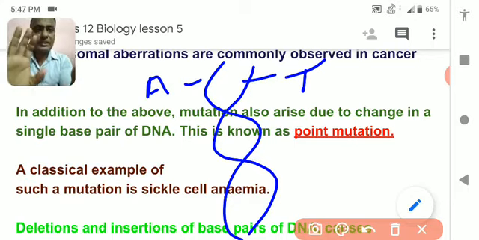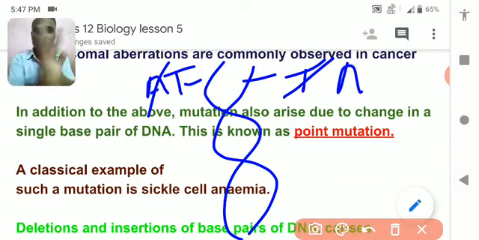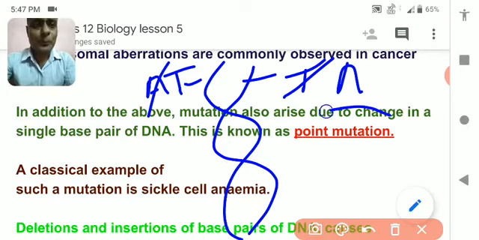Due to any reason, T has gone to this side. At this place T has come, and at this place A has come. So a single nucleotide gets changed, and this single nucleotide change is also a kind of mutation, and this is called a point mutation.